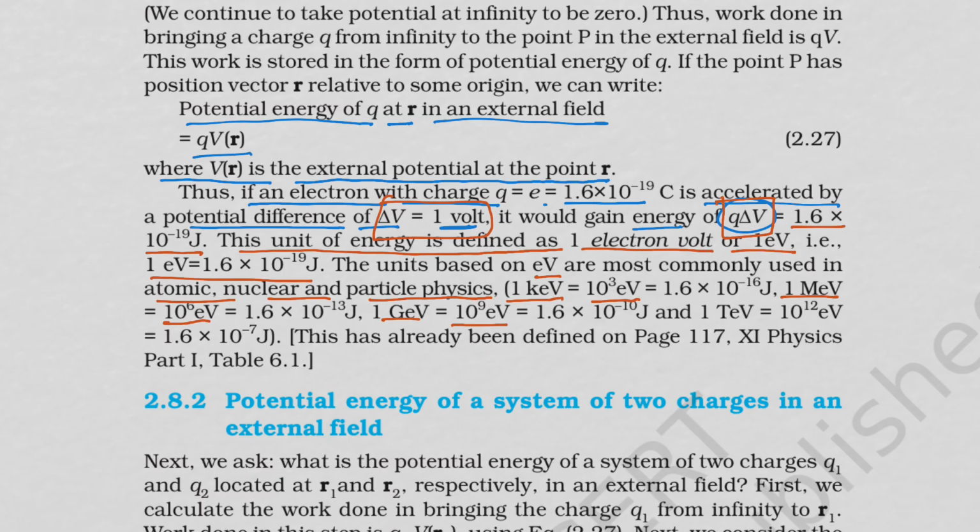And there's tera electron volt also, that is 10 to the power 12 electron volt. There can be peta also, that is 10 to the power 15 electron volt, and so on. So 10 to the power 15 is peta. All right. So peta electron volt.